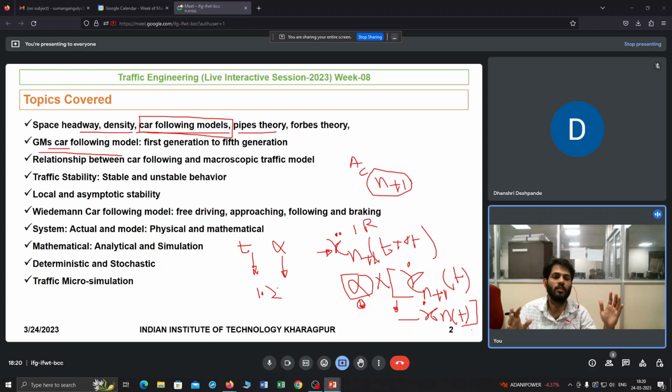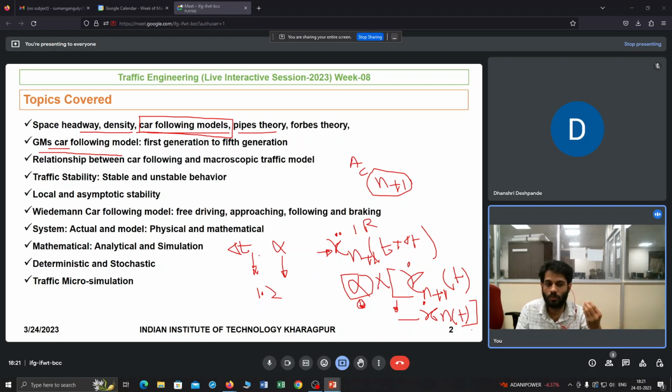So it's a large range. Now we understood that it depends on the response time delta t, how your reaction time changes. So alpha, the sensitivity, is not a constant at all times.